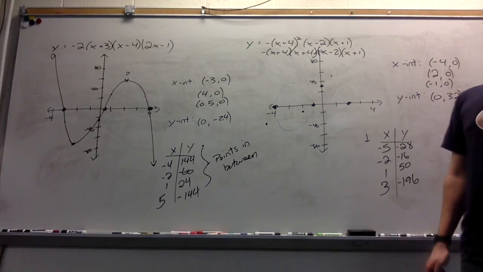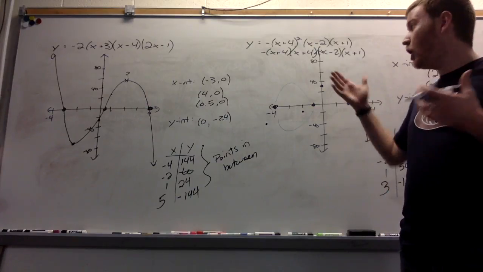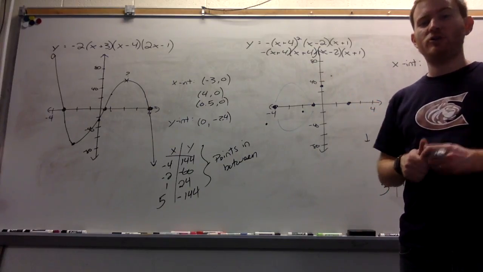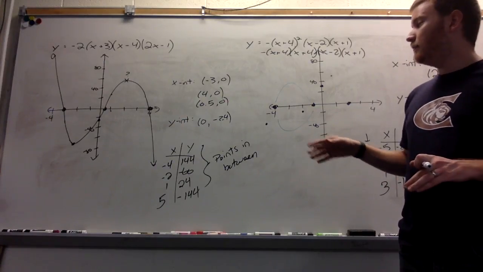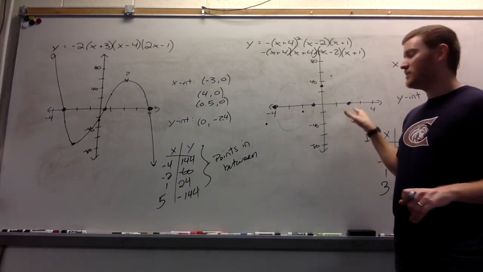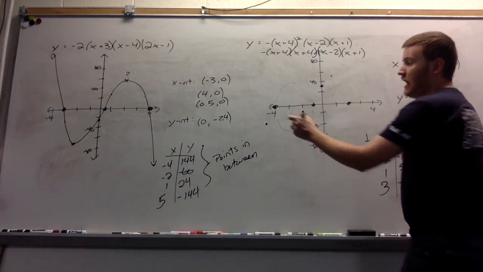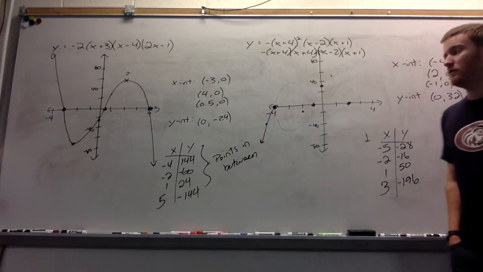And that part right there is a long ways towards giving us what the graph is actually going to look like. Yes, technology helps. Yes, being able to go in there and find several points helps. But if I know my x-intercepts and at least one point in between, I know that if I go to the left of this point, it's going down because that's the direction of that point.